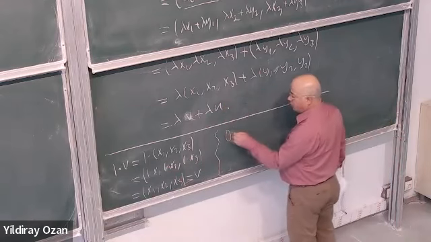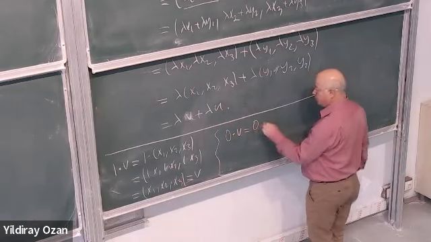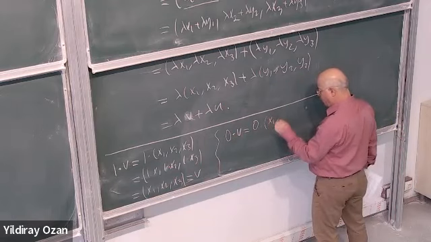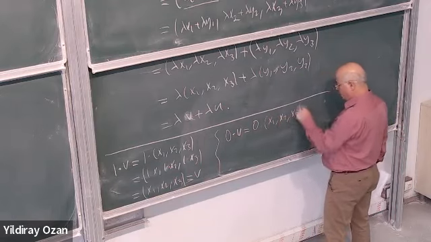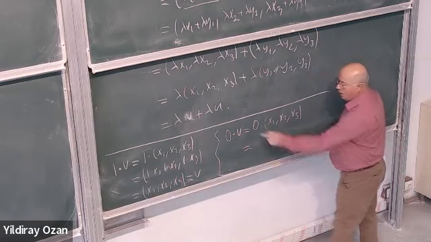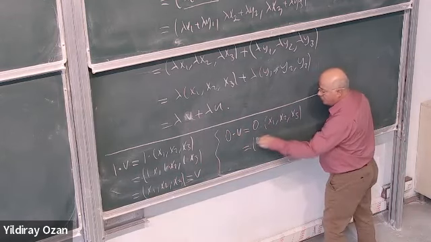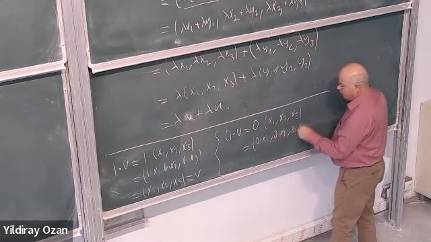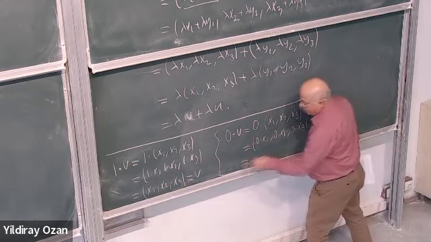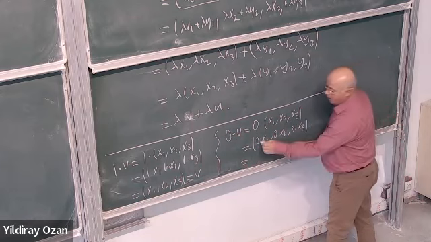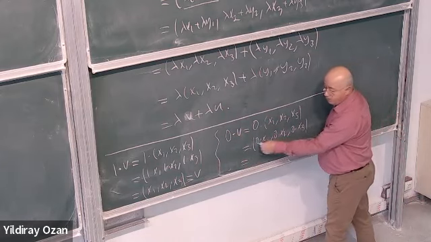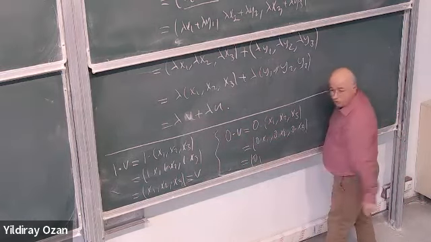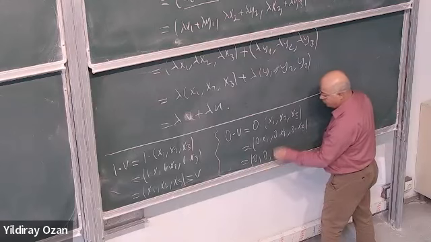What about 0 times b? Well, 0 times the vector x1, x2, x3. By definition, this is just 0 times x1, 0 times x2, and 0 times x3. But in the real number system, if you multiply a real number by 0, you just get the 0 real number. So this is 0, 0, 0.